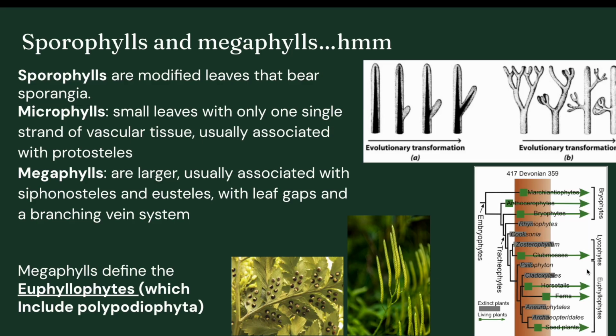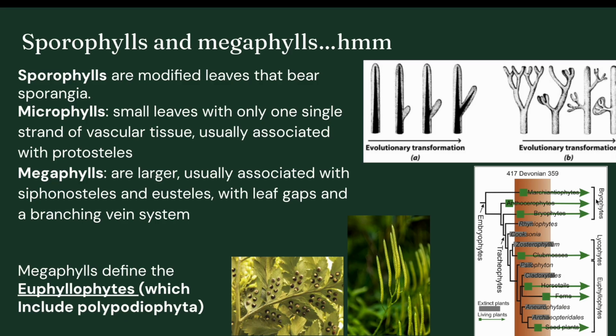And the euphyllophytes are this clade of organisms where the tracheophytes arise. So tracheophytes can be split into two clades, the lycophytes and the euphyllophytes, but they can also be split into the seed plants, the spermatophytes, and the pteridophytes, but the pteridophytes are not a clade.